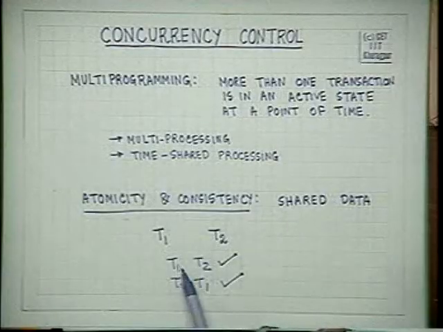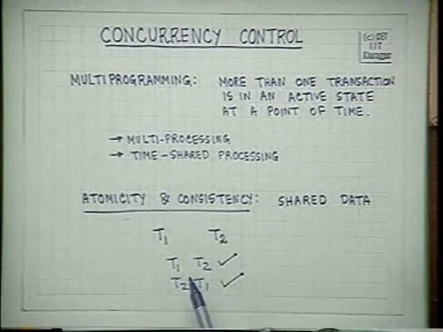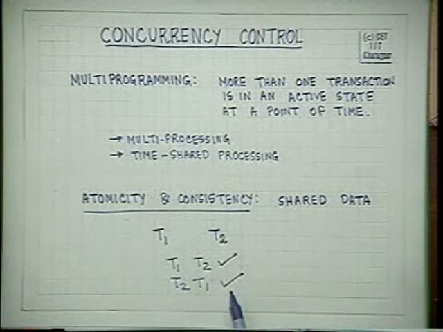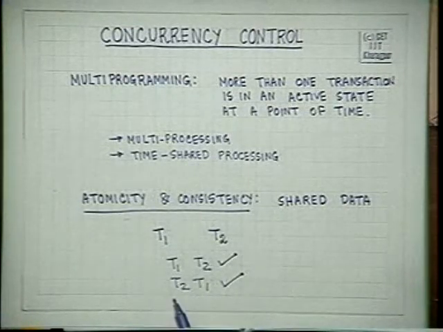A schedule is said to be concurrent if they interleave, that is, a portion of T1 is executed, then a portion of T2, then a portion of T1, then a portion of T2. This concurrent schedule may be there for not only two but for more than two transactions. And a schedule is the exact sequence in which the transactions occur.